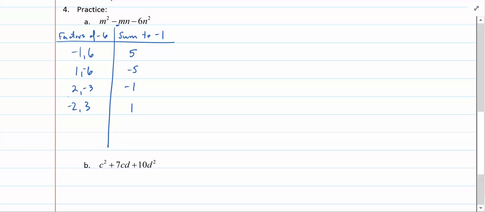And the only pair that works for us here that's a factor of -6 but sums to make -1 are the factor options 2 and -3. So this tells us that our trinomial will factor into these two binomials as long as we include a +2 as a factor and a -3 as another factor.